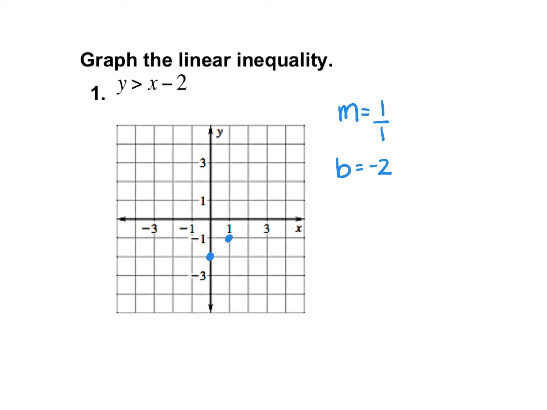And now I have to determine if it's going to be solid or dashed. Well, because I just have greater than, I'm going to have a dashed line. And then remember, greater than is going to be then shaded up. So any point that is in that shaded area will be a solution to this inequality.